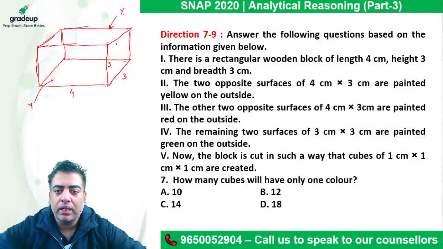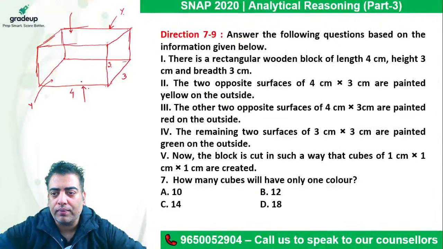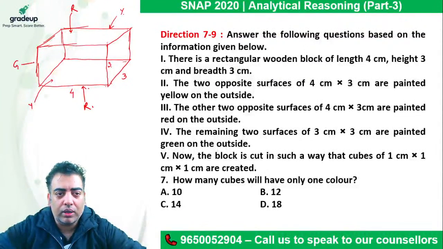Then he says the other two opposite surfaces, the top one and the bottom one, are painted red on the outside. The other two opposite faces are painted green on the outside. So these are 3 by 3 dimensions.